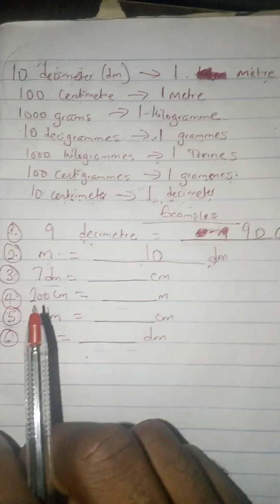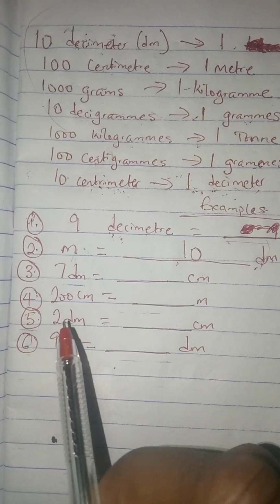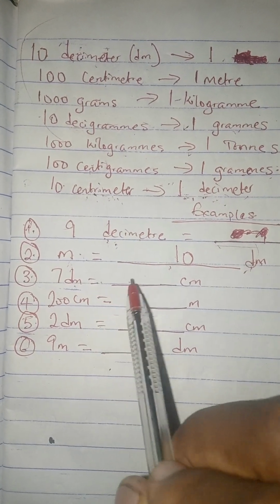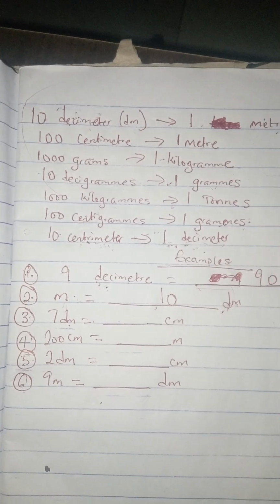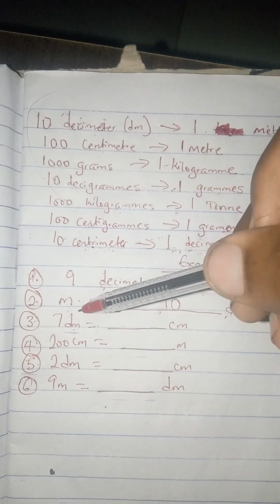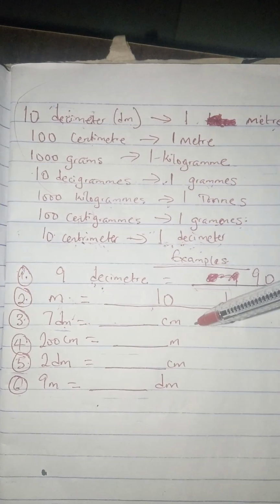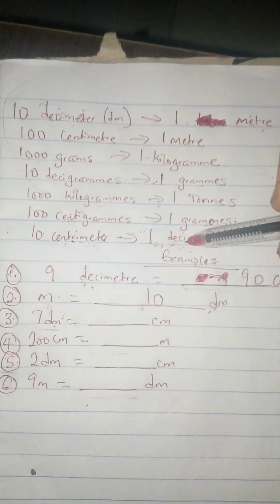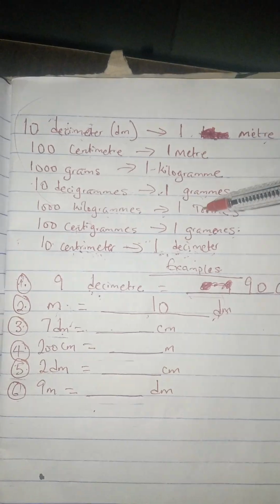Now let's look at the next question. We have what? 7 decimeter equals to what? Dash centimeter. From this our hint here, we have 10 centimeter makes 1 decimeter.